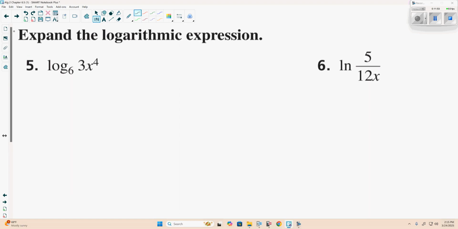We're looking at number 5. Log base 6 of 3x to the fourth. So again, our first property we are going to apply is quotient. Is there something being divided here? Doesn't have to be. There's not always going to be all 3. Since there is no division, we move from quotient to product.